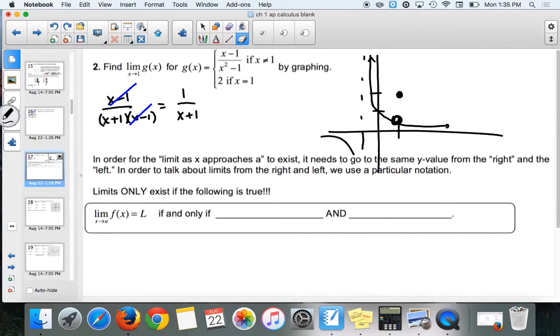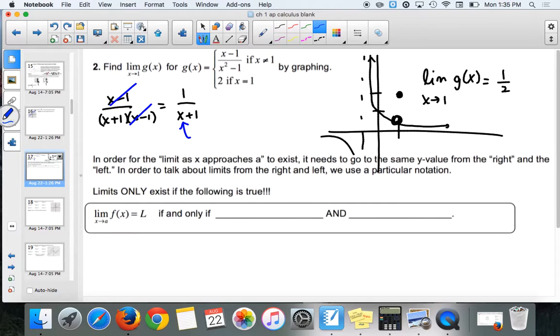So we want to know what the limit is. Anybody have any guesses? It's some number. What number is it? 1/2. Syra, how did you get that? You were correct. I just put 1 in the 1 over x plus 1.